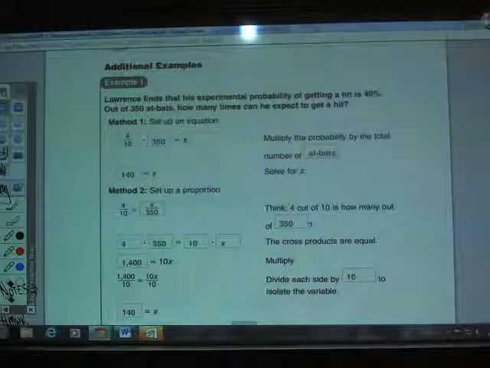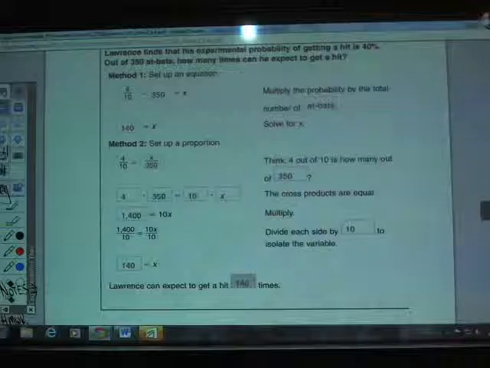Now, the other way to do this is with a proportion, which is what they're showing us in method number 2. In method number 2, they've used that same 4 out of 10 fraction. What does 4 out of 10 represent?